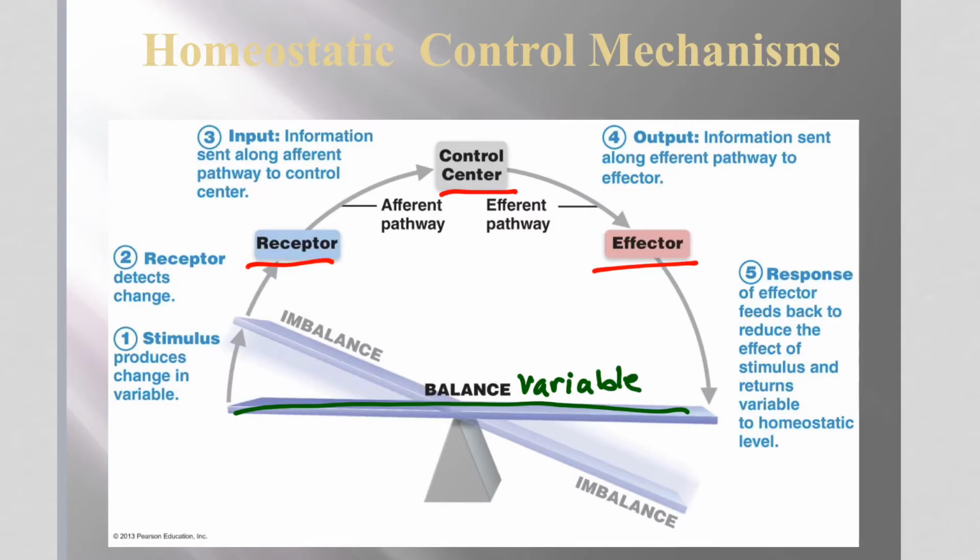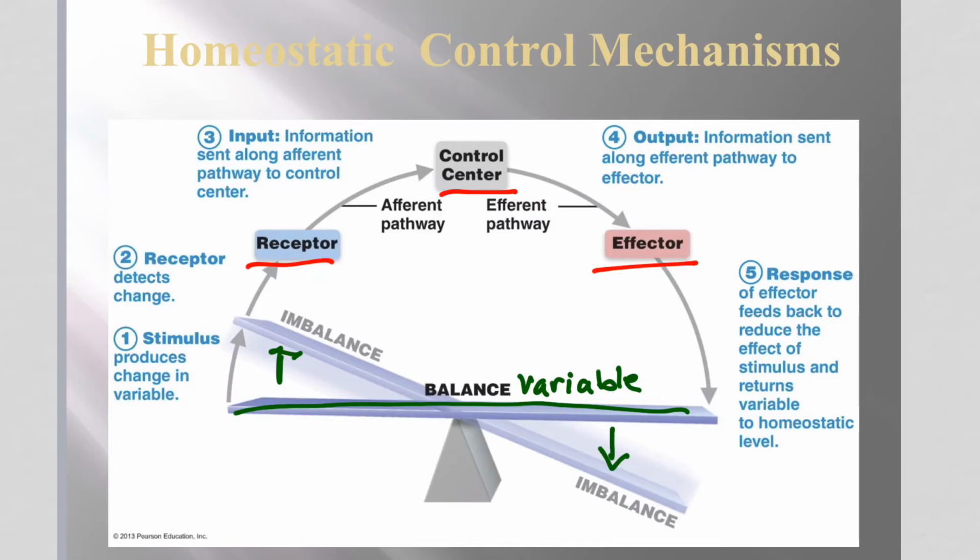That'll probably make more sense as I go through this. Anytime you dip below this variable or go above this set variable, then you have an imbalance, or homeostasis is not being maintained.